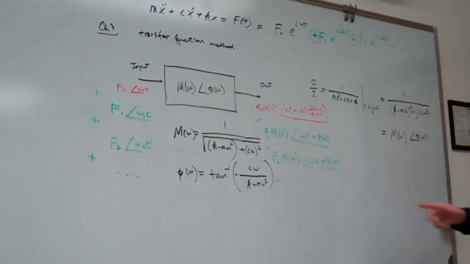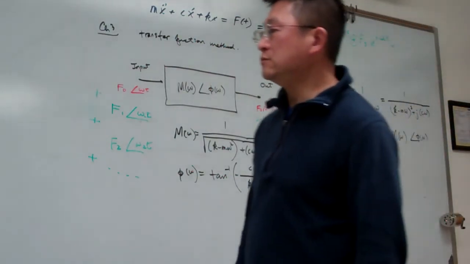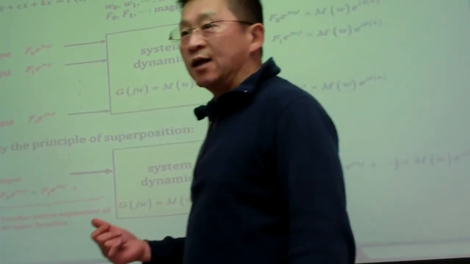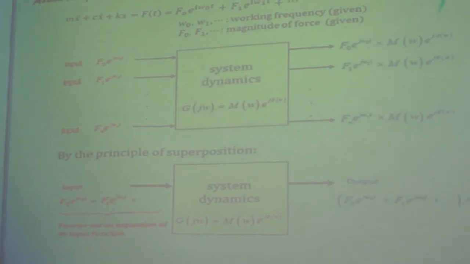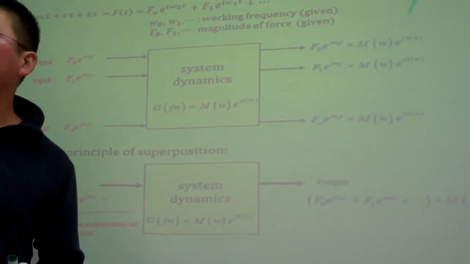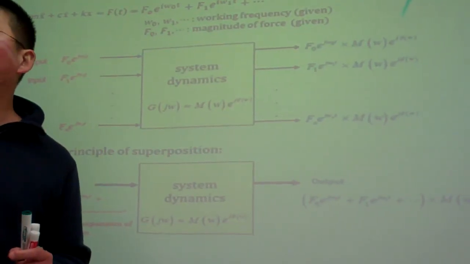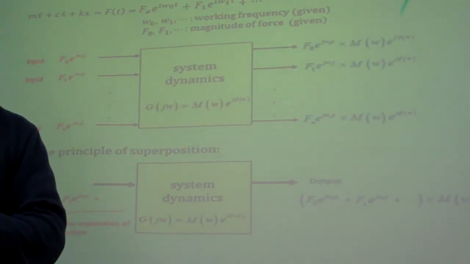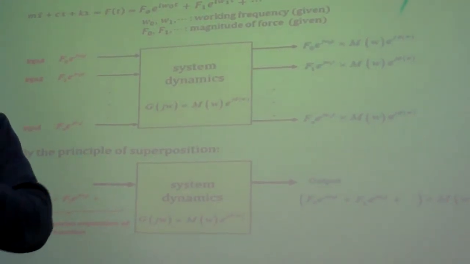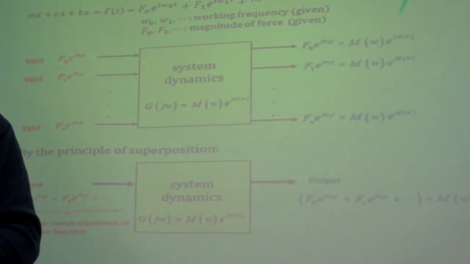Okay? So that is the concept. The whole thing on this page displays the key concept. Because the system is linear, we can use the superposition principle to first decompose the system response into individual components of the force. Then once you have the individual outputs, you simply take the summation. That's it.